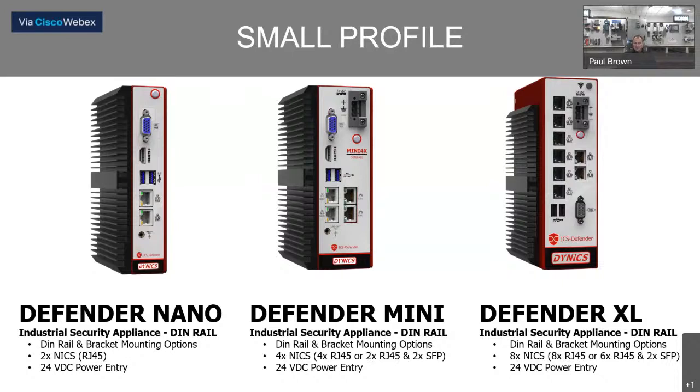Like the Defender Nano, this has an additional 2 network interface ports, and those 2 ports are exchangeable, pluggable, where rather than having all copper RJ45 ports, 2 of the ports are configurable, where you can slide in adapters, where you could have 4 copper ports, or you could have 2 fiber ports, either single or multi-mode. And again, this is 24-volt DC power.